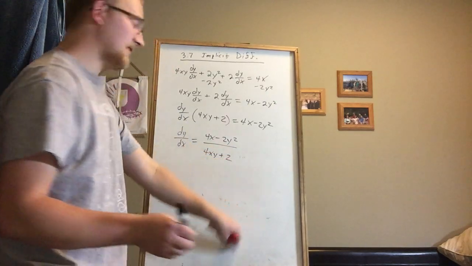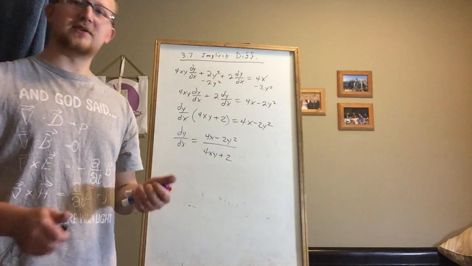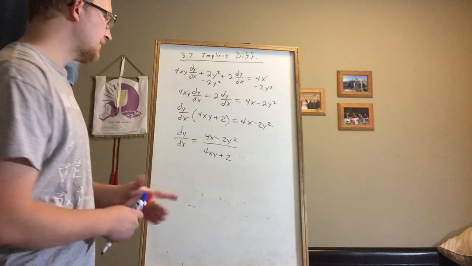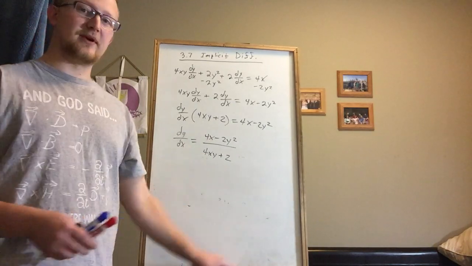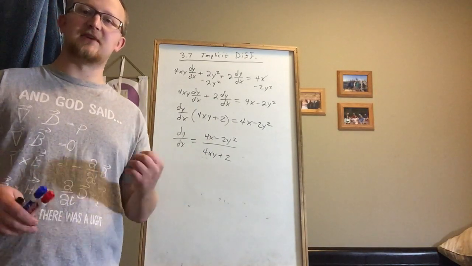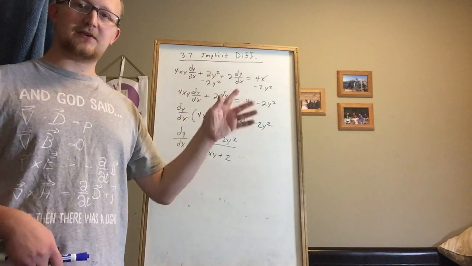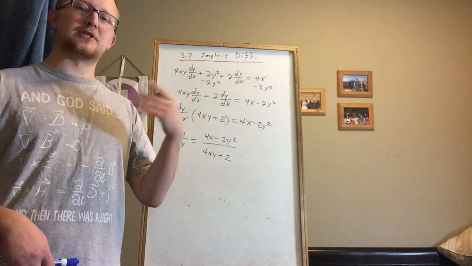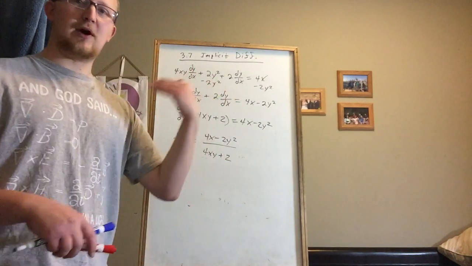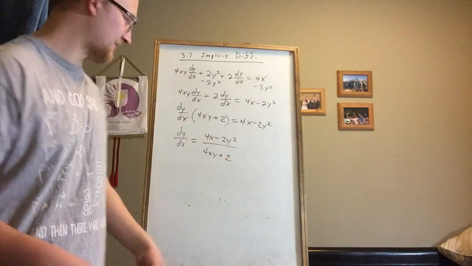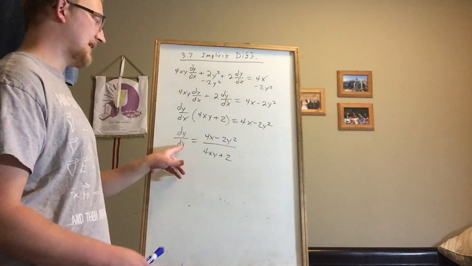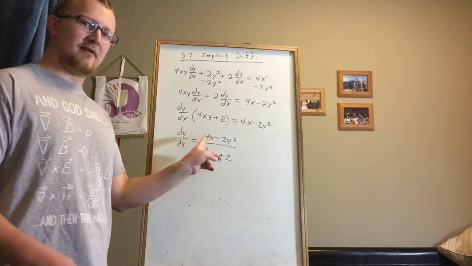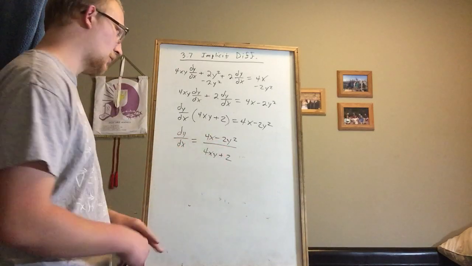And the really funky thing about most of the time we use implicit differentiation is that we use it because the derivative wasn't just in terms of x. So with our past derivatives, whatever the derivative was just in terms of x. dy dx equals a function of x. Now dy dx is actually a function of not only x, but also y.